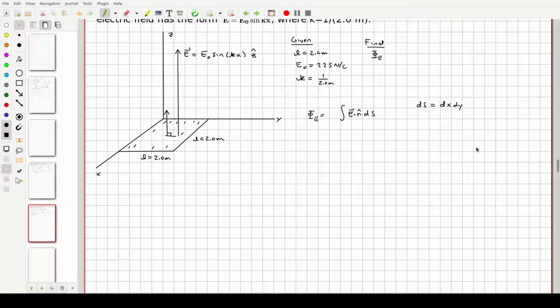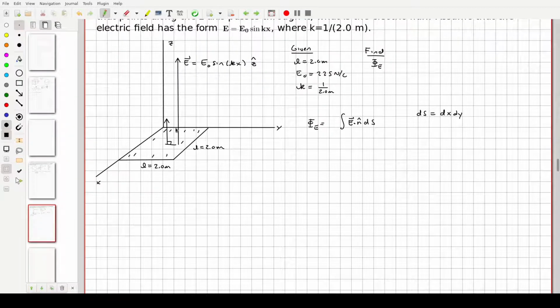Now, the dot product between E and N, this is N hat. The angle here is 0 degrees, and cosine of 0 is 1, which means that our integral really is just E dS integrated over our area.